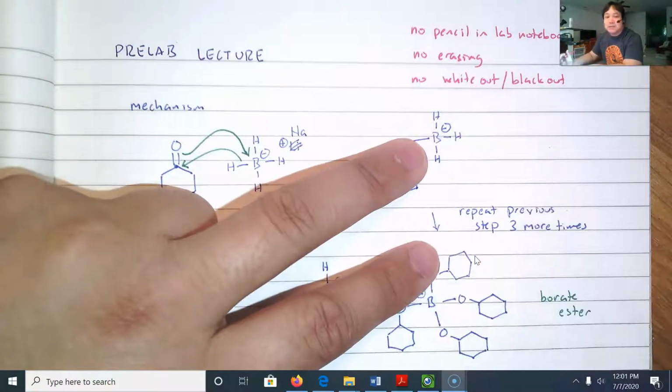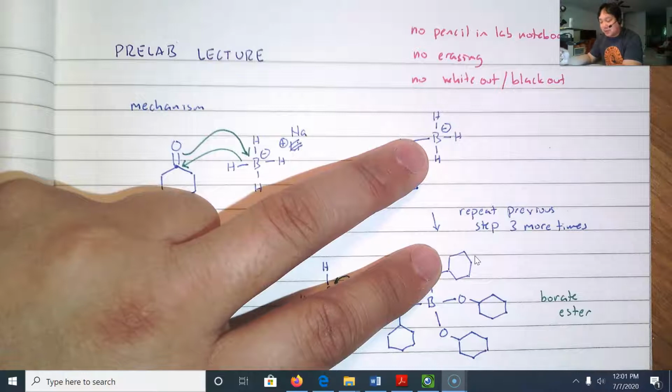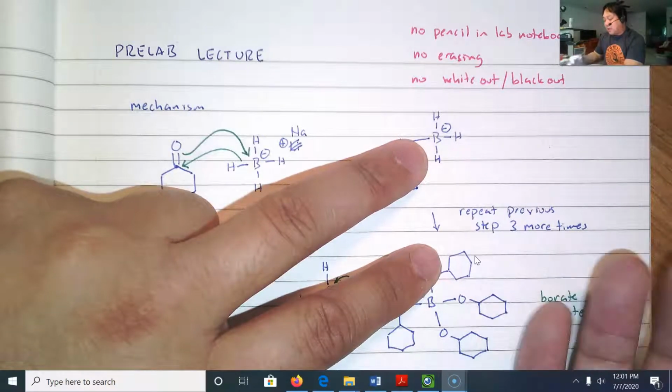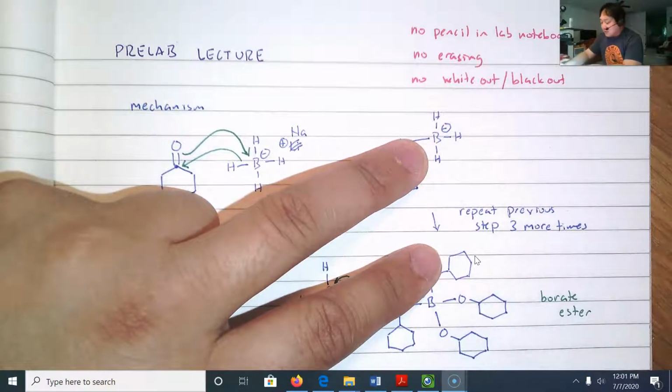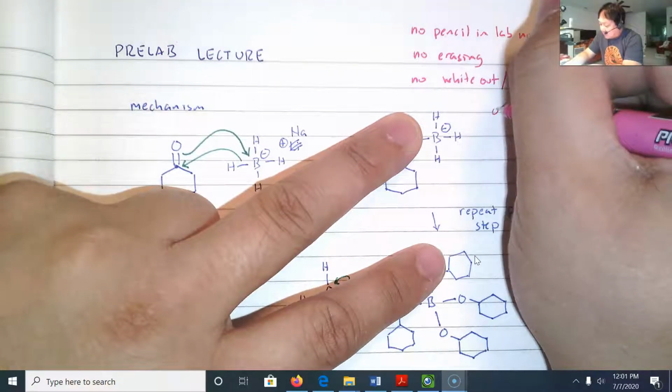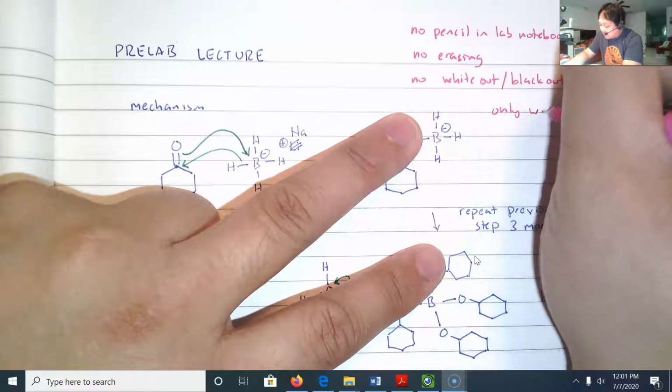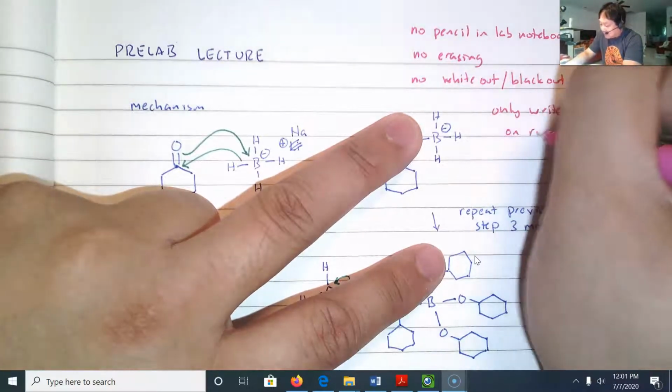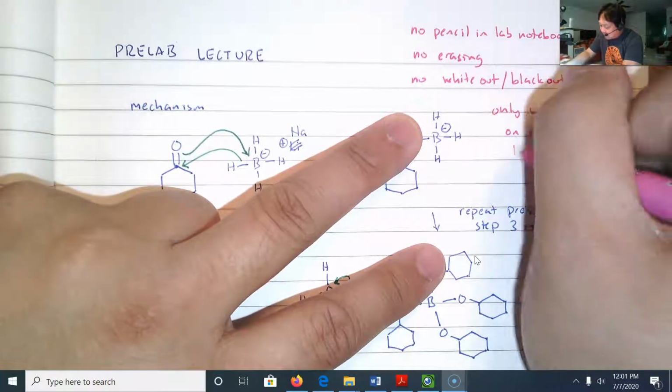As a suggestion, I had a little bit of trouble reading several students' lab notebooks when they were writing on the back of the pages. So the last guideline on this page, I'm going to say only write on the right-hand side.